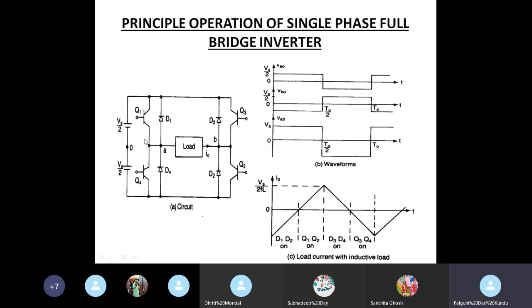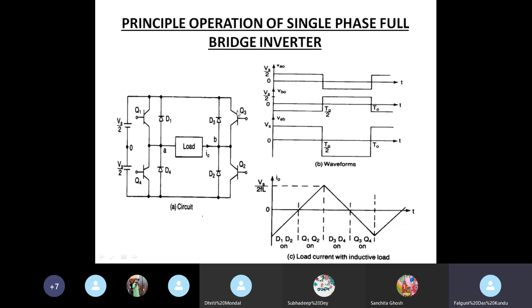That means during the positive half of the cycle the current is flowing through Q1, then load, then Q2. After that, when Q1, Q2 are off at time T1, then the current is fed back through D2, load, D1 and then the source.